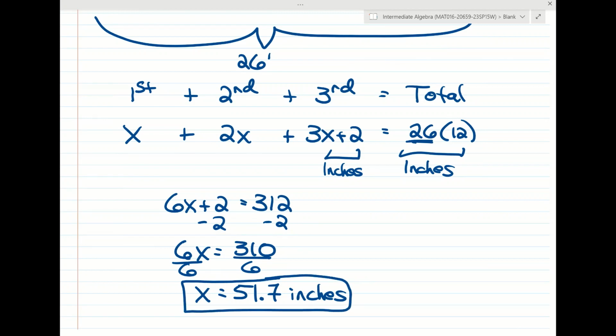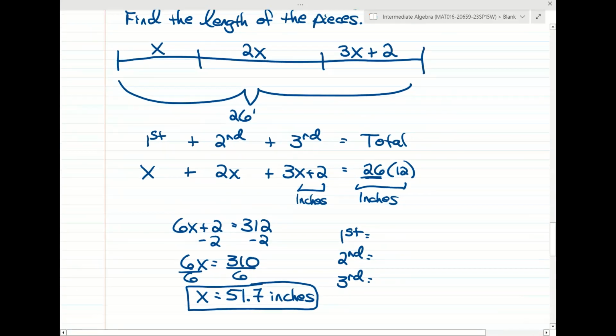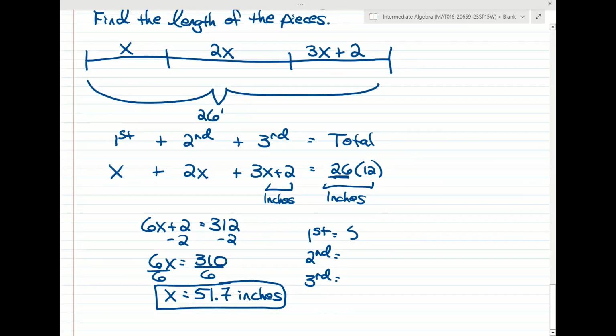I don't think that's the answer though, because the question's asking us to find the length of the pieces, right? So let's answer by saying, all right, what's the first length, what's the second, and then what's the third? X represented that first length, so that would be 51.7 inches. The second piece would be 2 times X, or 2 times 51.7, and that's 103.4.